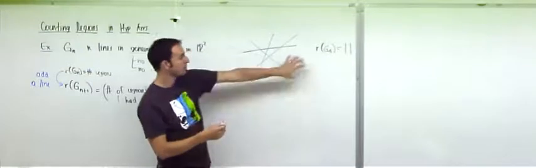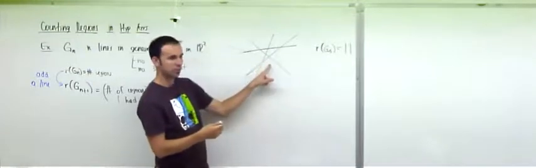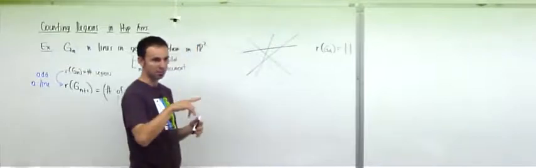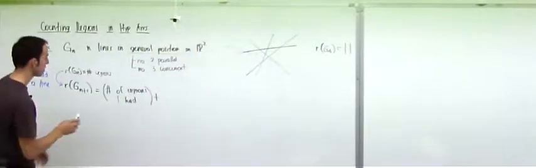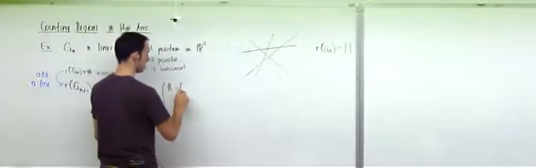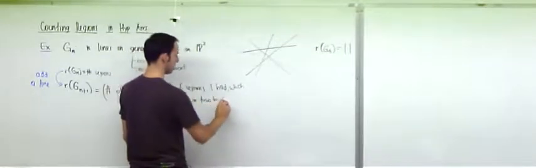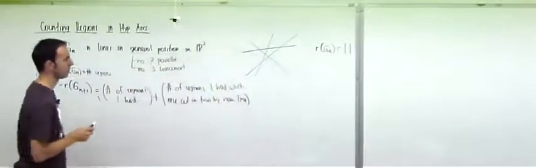Like this region is split in two, this region is split in two, and so on. And so whenever a region is split in two, then I should put a +1 in my count of number of regions. So I should have plus number of regions I had which are cut in two by this new line.